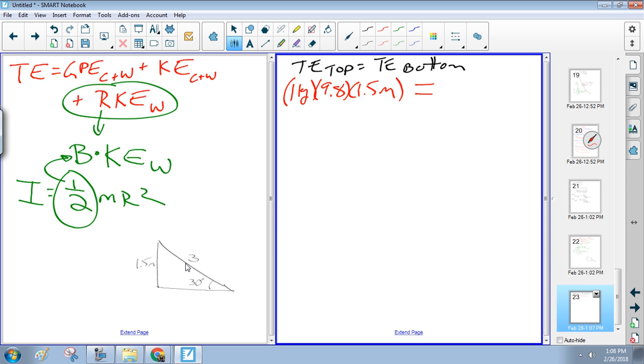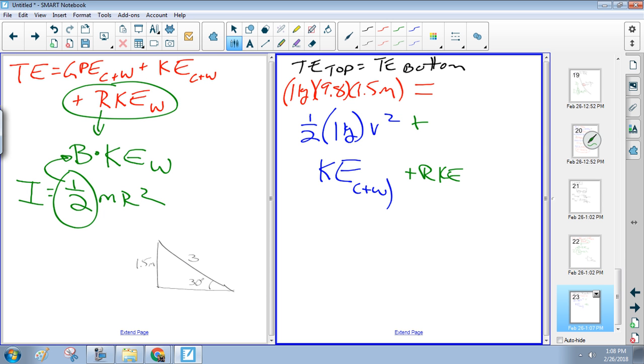At the bottom we've got kinetic energy and rotational kinetic energy. For regular kinetic energy, we want cart and wheels, so that's 1/2 times 1 kilogram times v squared, plus the RKE of the wheels.